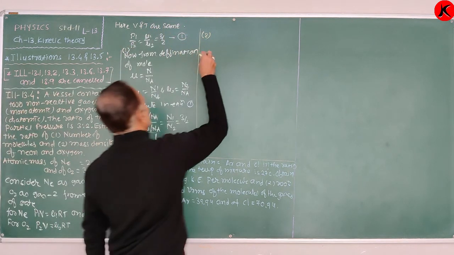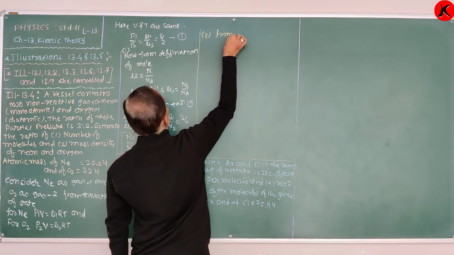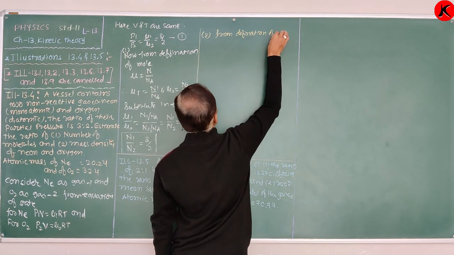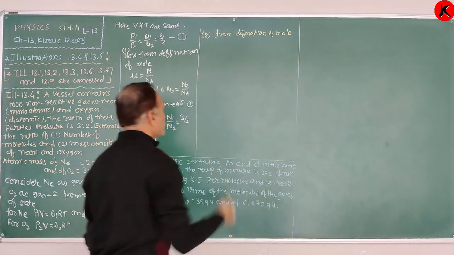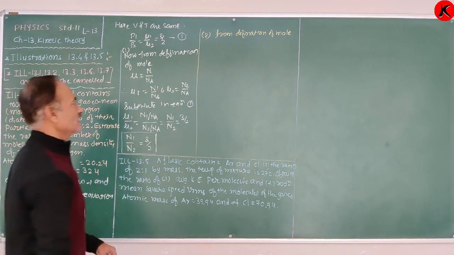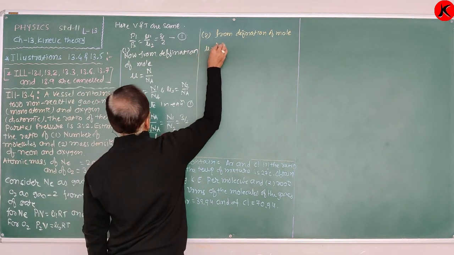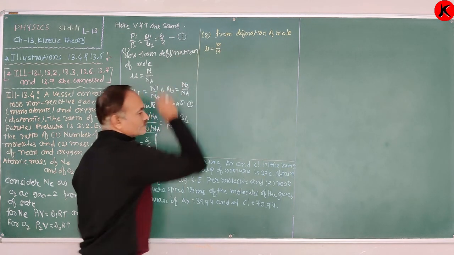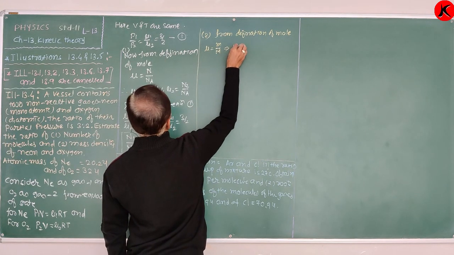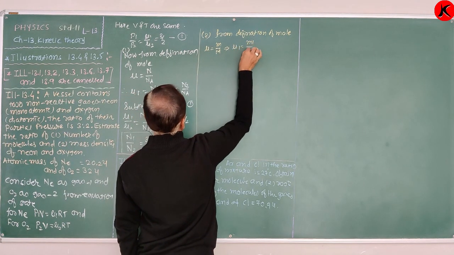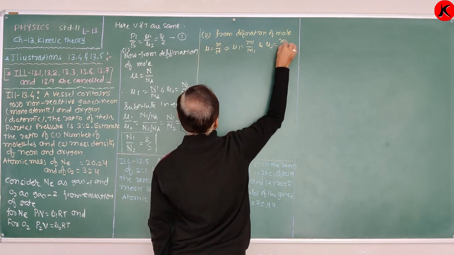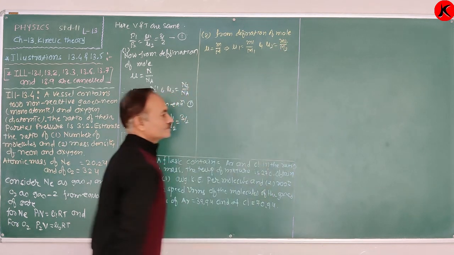Again, from the definition of mole, mu is equal to mass upon atomic mass, mu is equal to m upon capital M. Using this concept, mu1 is equal to m1 upon capital M1 and mu2 is equal to m2 upon capital M2.